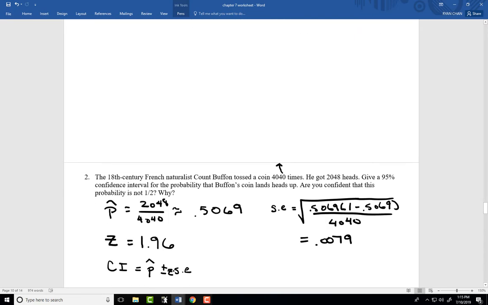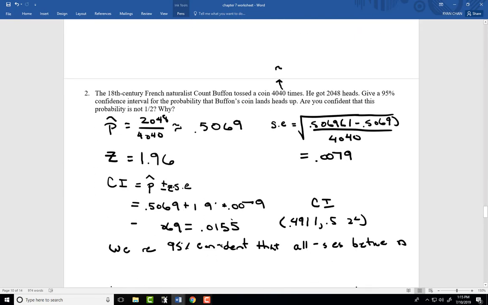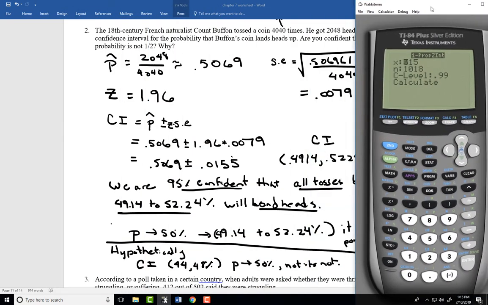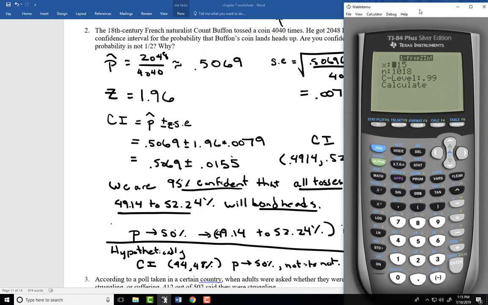Let me show you how to do this one more time, for example number 2. My fraction is 2048 over 4040, so I'll type in 2048 for x and 4040 for n.